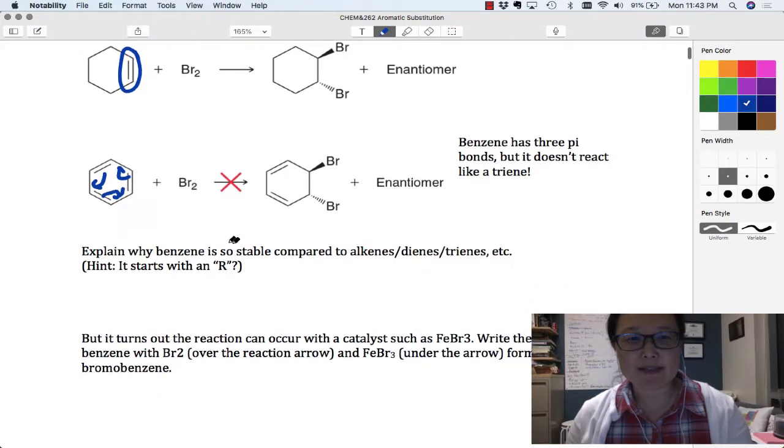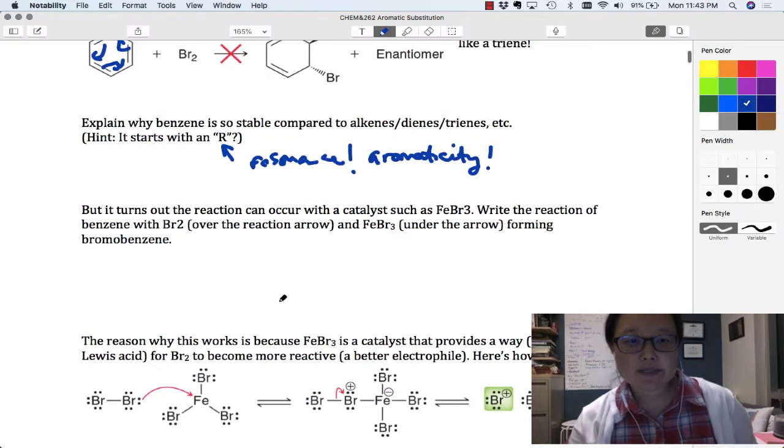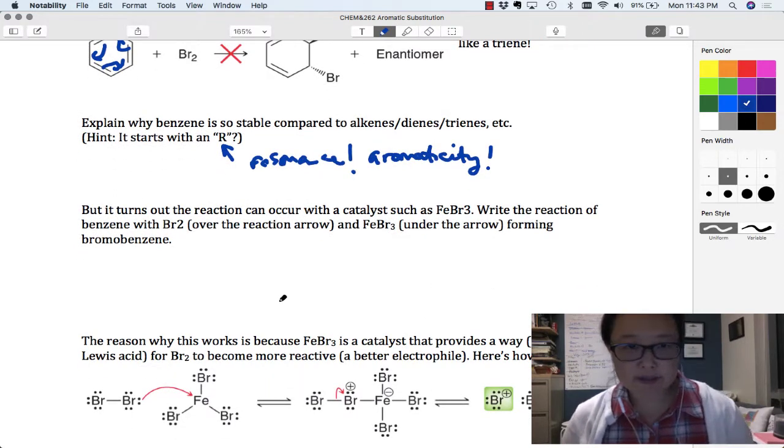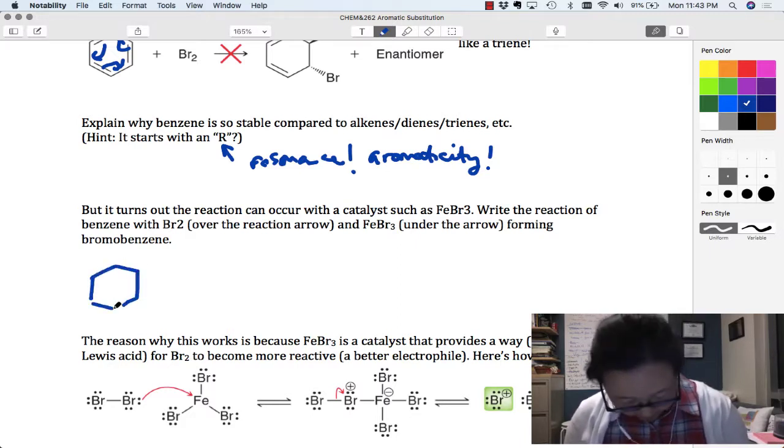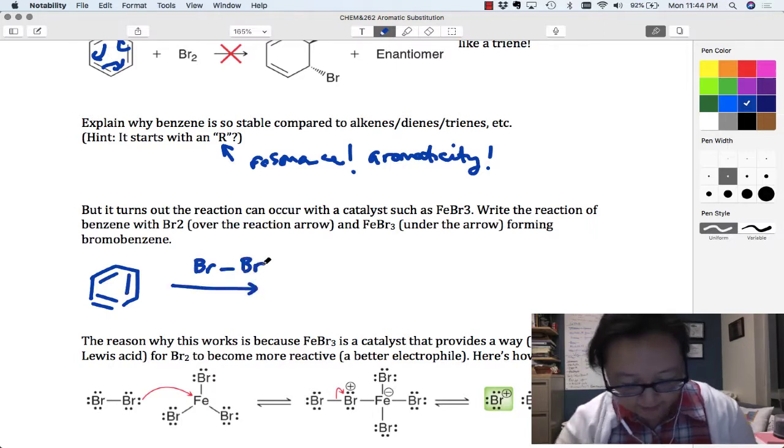So benzene's so stable compared to alkenes because of aromaticity and resonance delocalization. In order to get benzene to work, though, it turns out that you can do that. You just need to add a catalyst. A catalyst, if you recall, is something that will help lower the activation energy of a reaction.